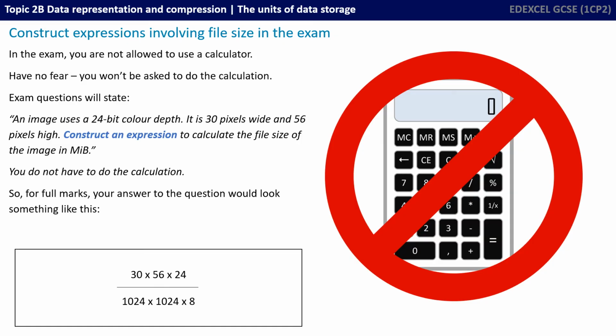We've got 30 pixels wide times 56 pixels high times the 24-bit colour depth. That will give us the number of bits. You've been told to provide your answer in mebibytes, so we've got to divide that by 1024 times 1024, that will give us bytes, times 8, which will give us the bits.